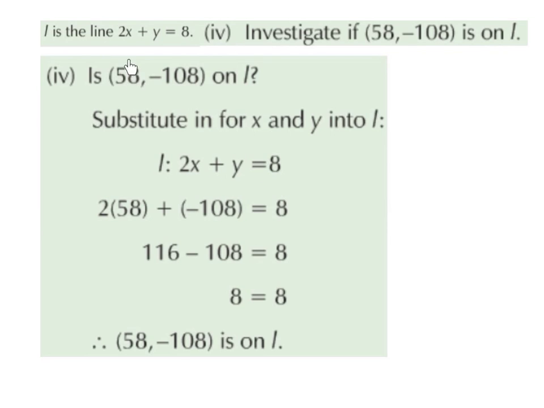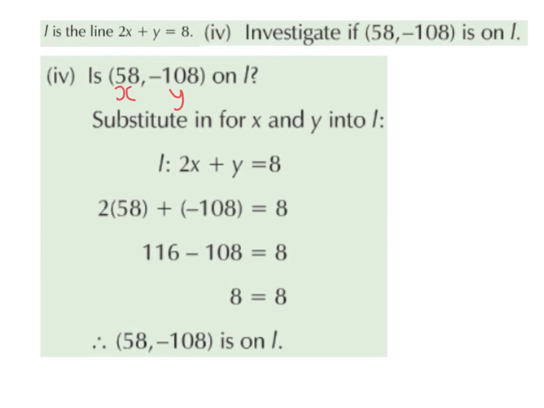So the 58 is our x value, and minus 108 is our y value. So we swap that x for 58 with brackets around it, and we swap the y for minus 108 with brackets around it. 2 multiplied by 58 is 116, and 116 minus 108 is 8.